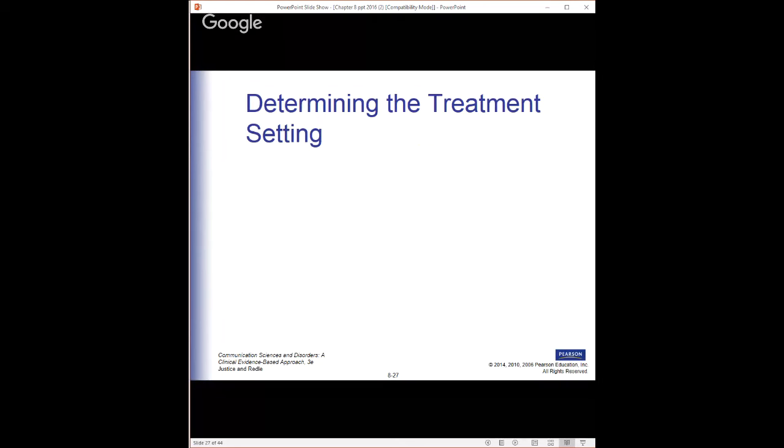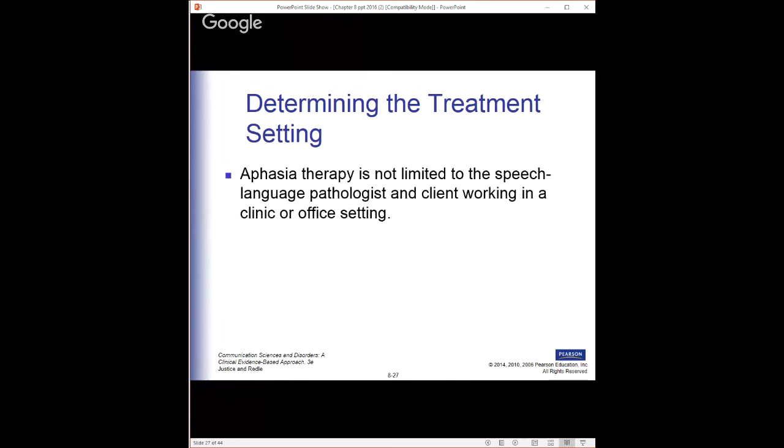Moving on next to determining the treatment setting. Aphasia therapy is not limited to the speech language pathologist and client working in a clinic or office setting. In fact, it might be more beneficial for the client to actually be in a place where they feel comfortable or that was familiar to them prior to the aphasia setting in.